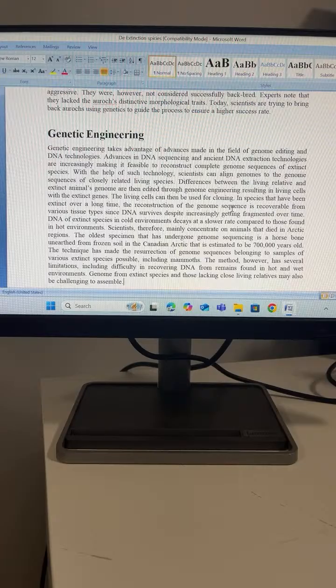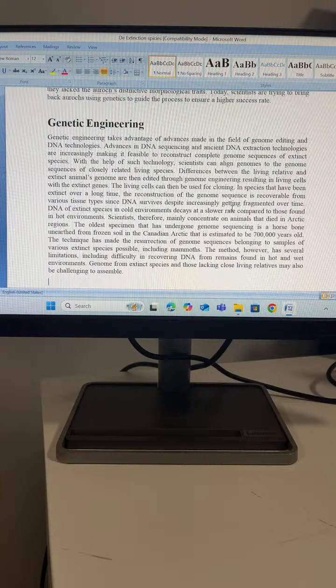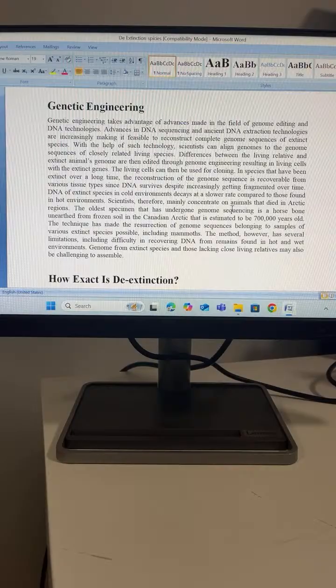The technique has made the resurrection of genome sequences belonging to samples of various extinct species possible, including mammoths. The method, however, has several limitations, including difficulty in recovering DNA from remains found in hot and wet environments. Genomes from extinct species and those lacking close living relatives may also be challenging to assemble.